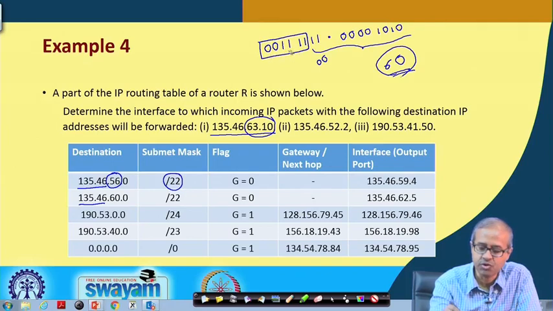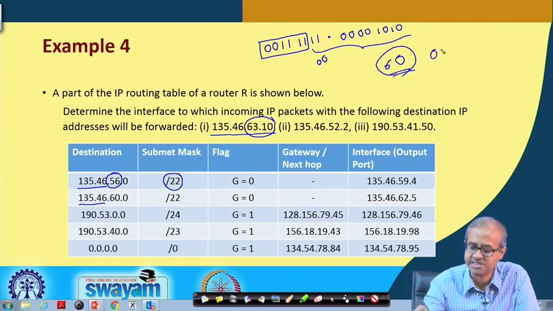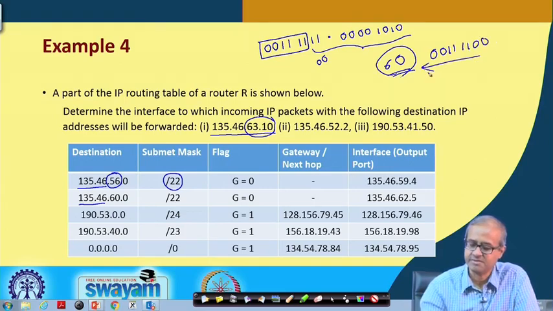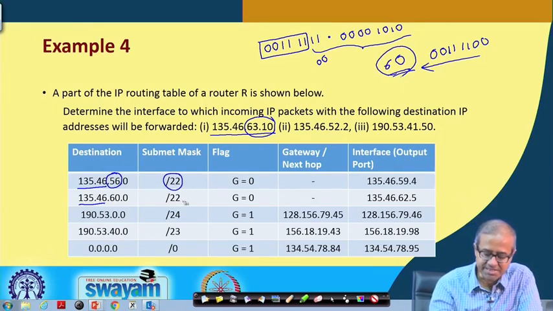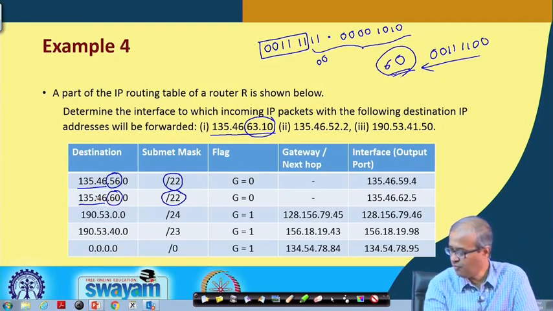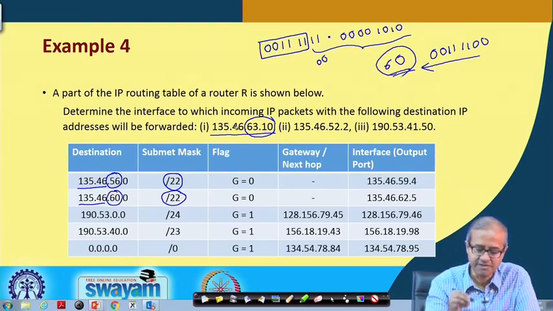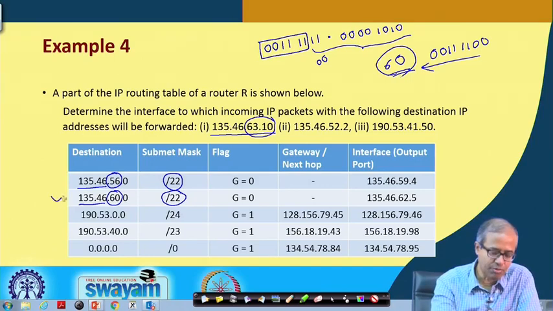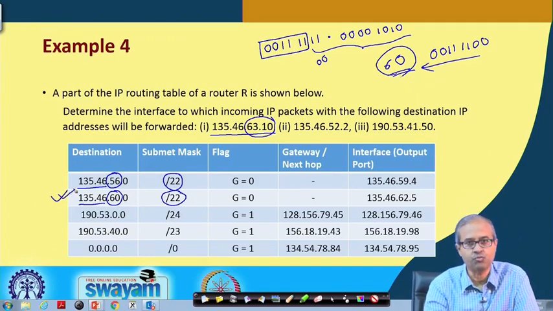But in the second entry here also we are looking at 22 bits, and here it is 60. So, for the first example there will be a match found with row 2.